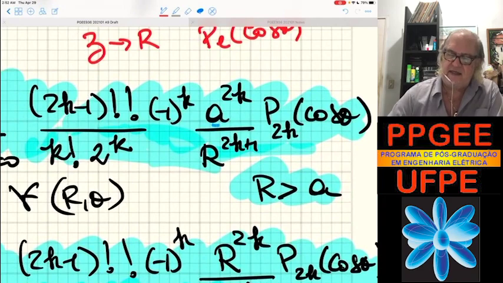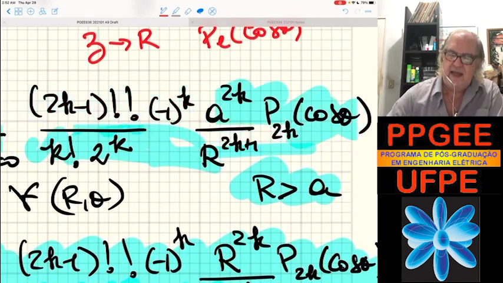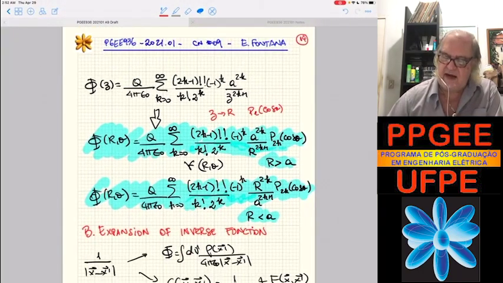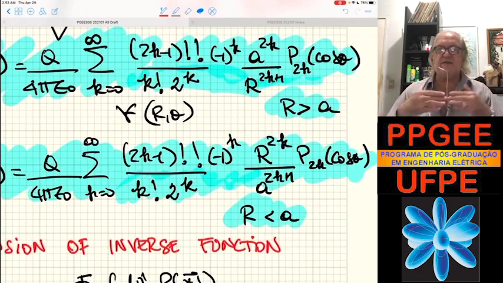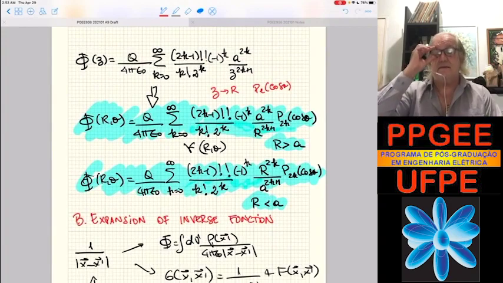Notice that we have the smaller r to the L power, L equals 2k, and the larger r raised to the L plus 1. If we want to solve the problem for r smaller than a, it's just a matter of inverting the position of those two guys here. So you're going to have r on the top and a in the bottom. The two functions are equal at r equals a, right? They have to be. That's the uniqueness of the solution, right?